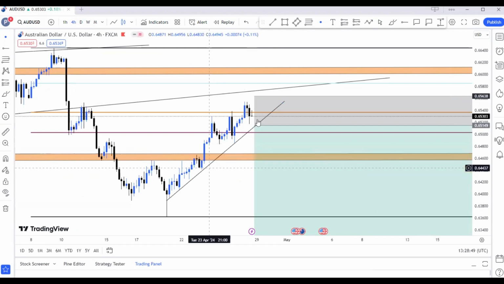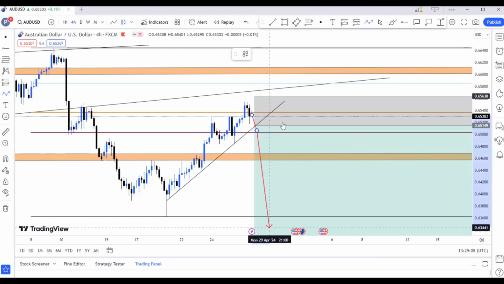I'm expecting to see something like this, a close, an LD candle, not just a wick, an LD candle that will break below this counter trend, and then I'll be looking to short this market to the downside.